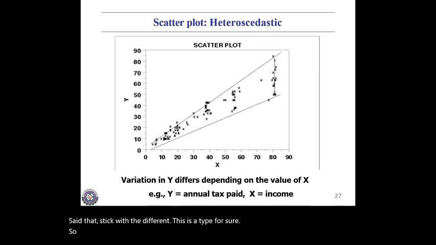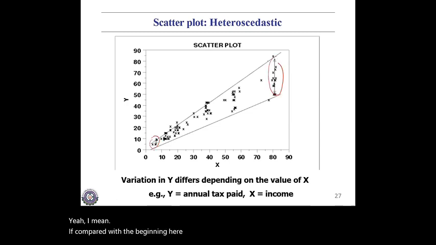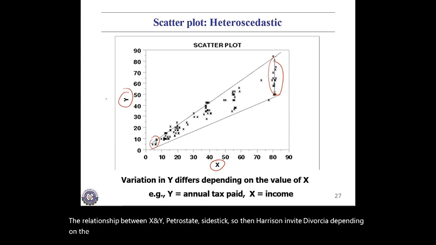So you can see here, this one is the highest, if compared with the beginning here. Here is the longest, we can say. The relationship between X and Y is heteroscedastic, so the variation in Y differs depending on the value of X.